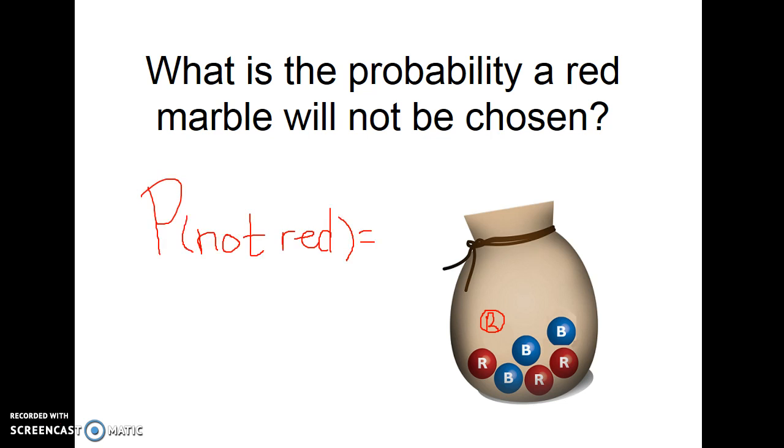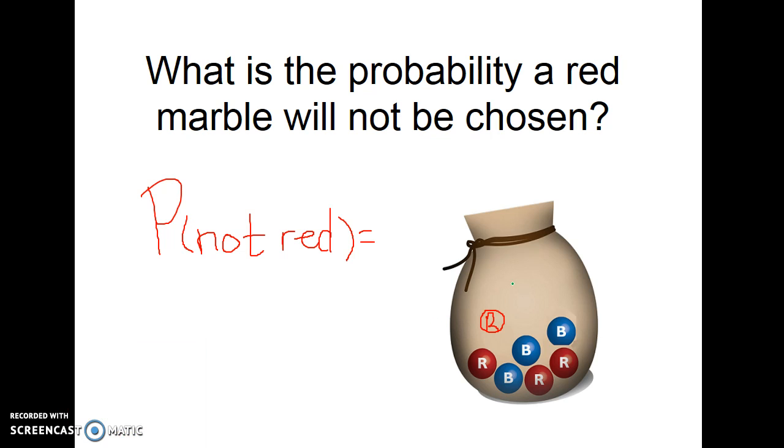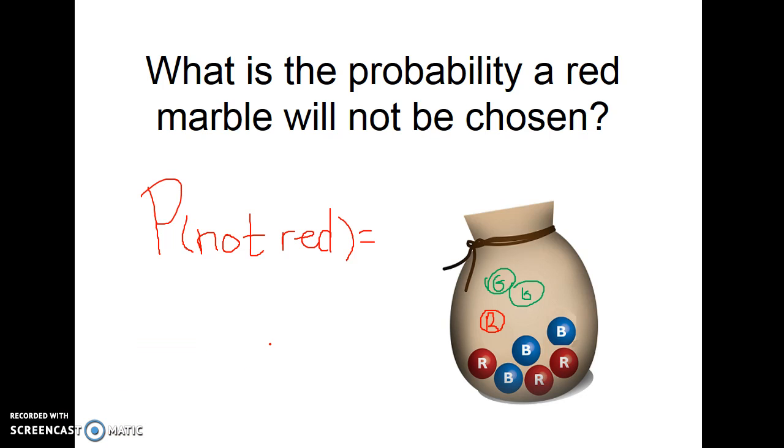But what if I change this bag again and add more marbles and make it more tricky? Let's add 2 green marbles while we're at it. Now, how would we find the probability of not choosing red? Well, the probability of choosing red would be 4 out of 9.